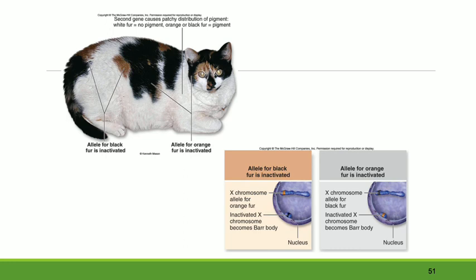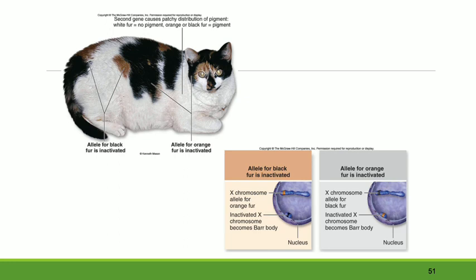At some point in their fetal development, there was a cell here that deactivated the orange fur color, and all of the cells on the skin surface that reproduced by mitosis from that point on also all expressed the black color.